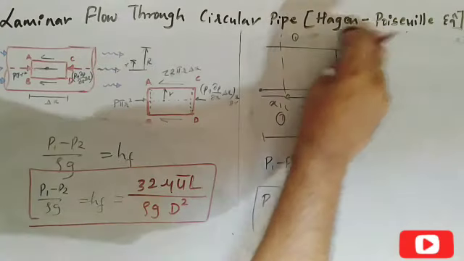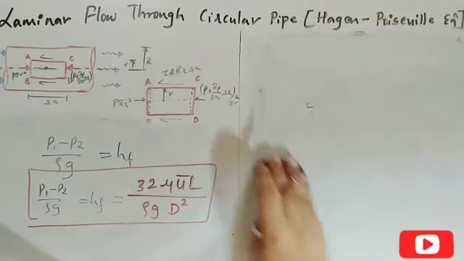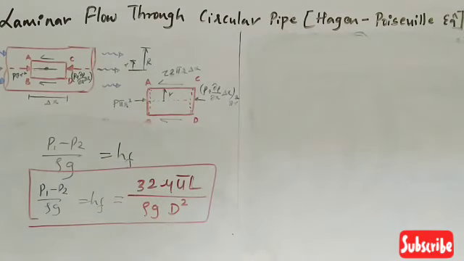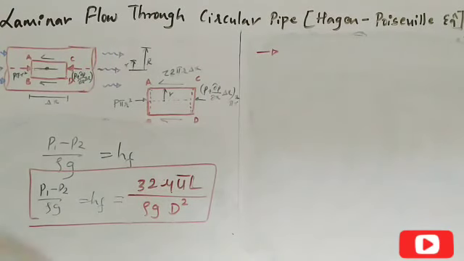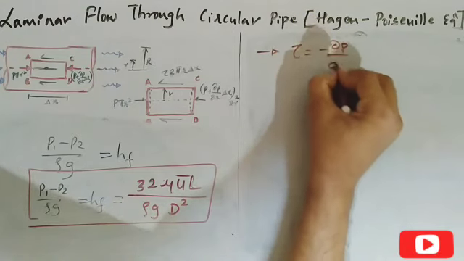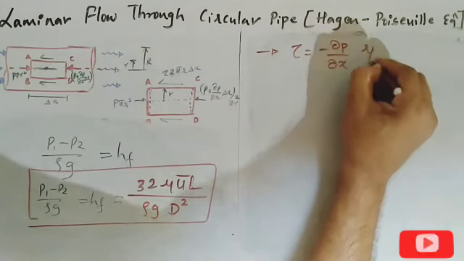So what are the final equations? I will just write all the important equations in this derivation. First one is the shear stress equation: tau will be equal to minus dou p by dou x into r by 2.